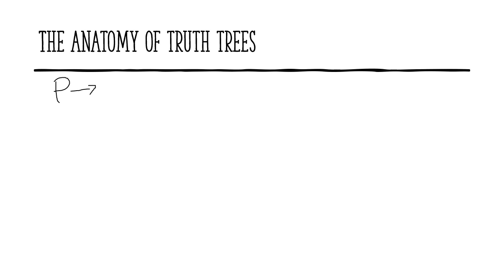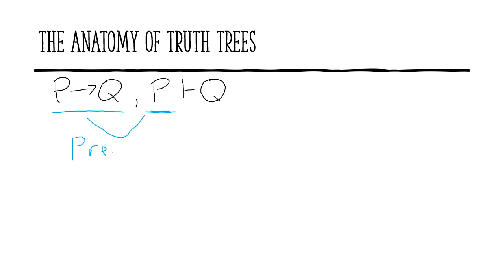logical sequences. So say I have this logical sequence. It's saying I have these two things. These two things are premises, which means we're given these at the beginning as something that is true. We're told that these two sentences, P arrow Q and P by itself, are true.